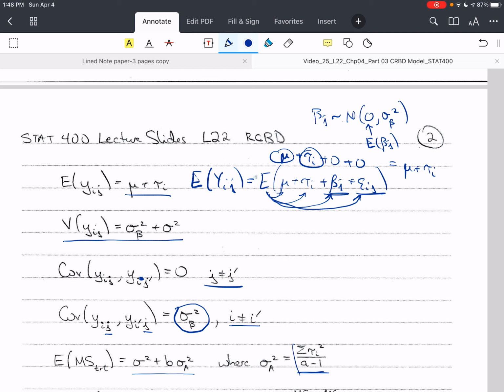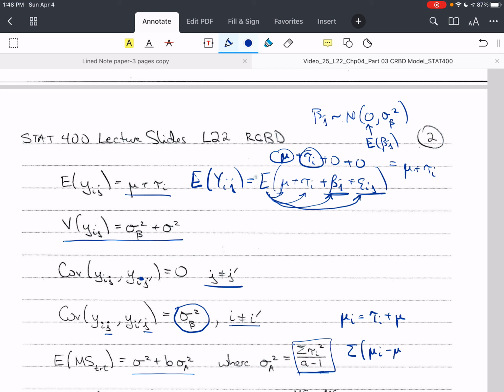And sigma sub a squared is the sum of tau i squared over a minus 1. When you think about this, remember that mu i equals tau i plus mu, so tau i is mu i minus mu.